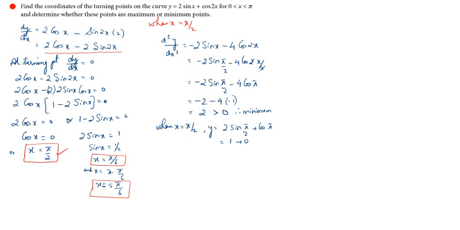Sine 90 is 1, so 1 into 2 is 2, and cos 180 is minus 1. 2 minus 1 is 1.